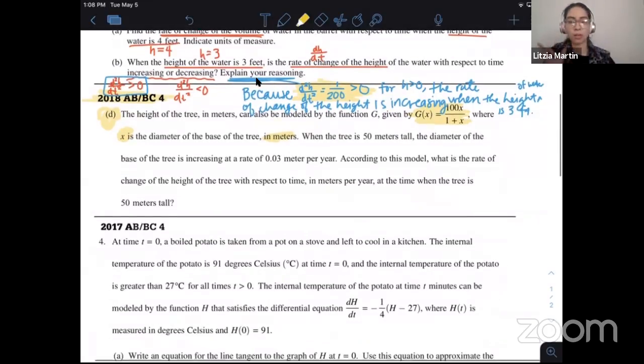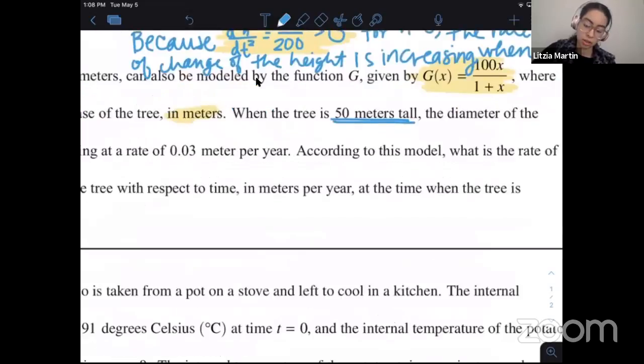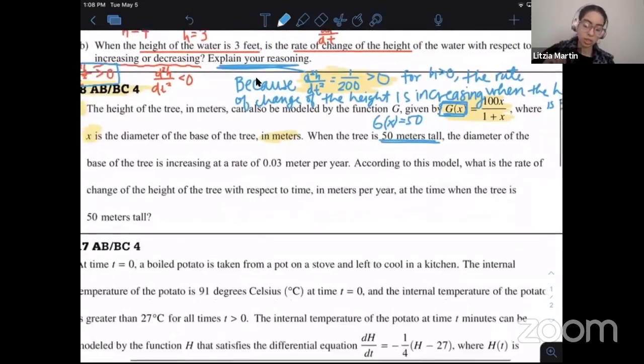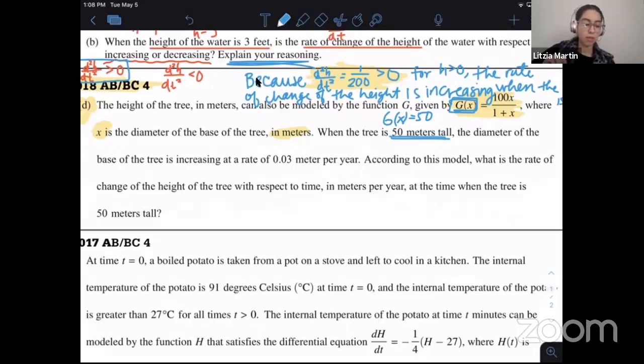Now that we have talked through that function, we get the gist of it, right? Let's go through the information they give us. When the tree is 50 meters tall, so that is our g of x, or our g value here. It's this y value here, g of x is equal to 50. The diameter of the base of the tree is increasing at a rate of 0.03.